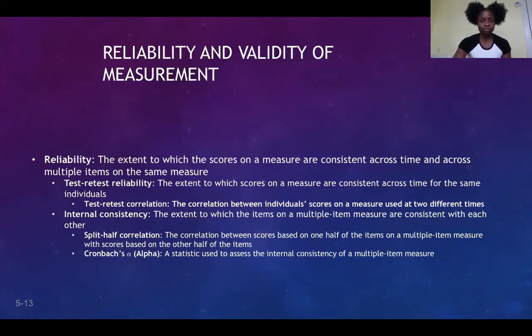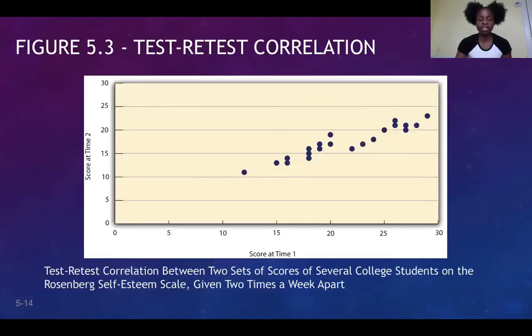So for test-retest reliability, I actually want us to refer to figure 5.3, which is a figure of test-retest correlation between two sets of scores, okay? So pause the lecture at this moment. I probably will pause with you in general in the future.